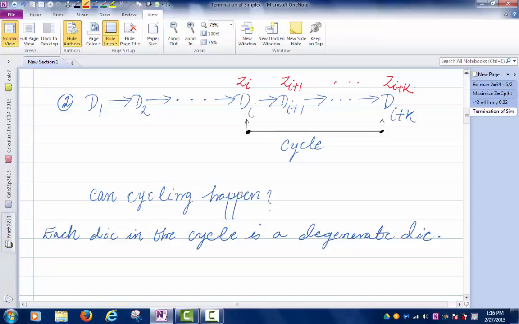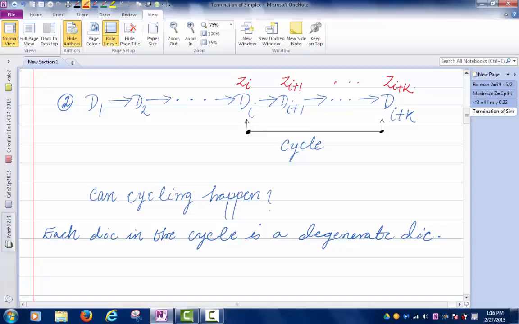Is everybody clear? What am I claiming? I'm claiming that all the dictionaries in the cycle are degenerate. What does it mean? In each case, one basic variable is 0. But how can I show that's the case?